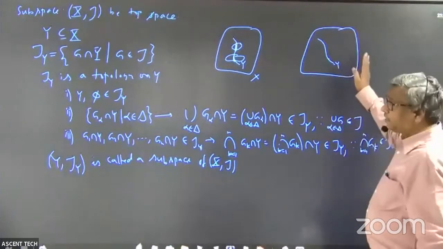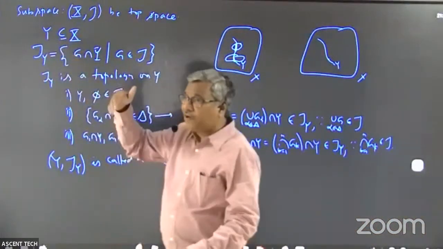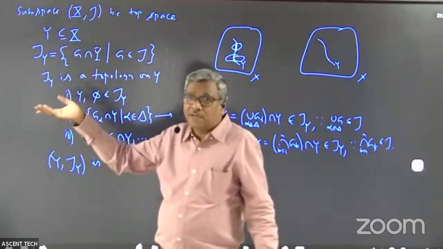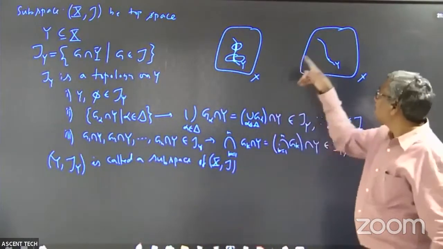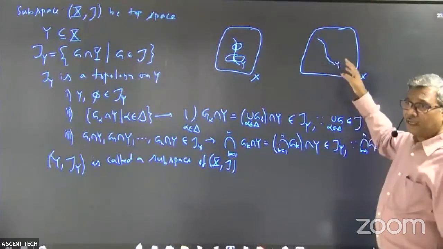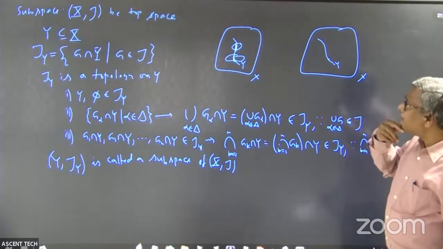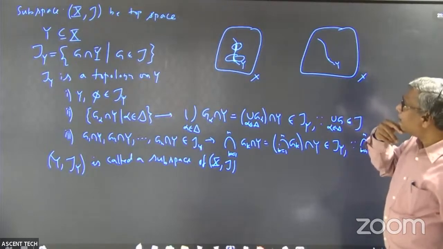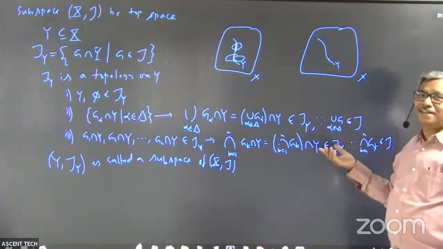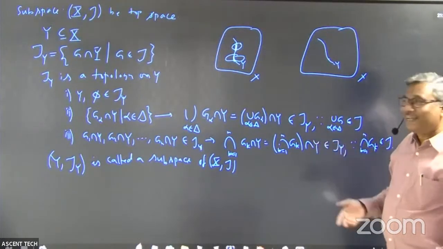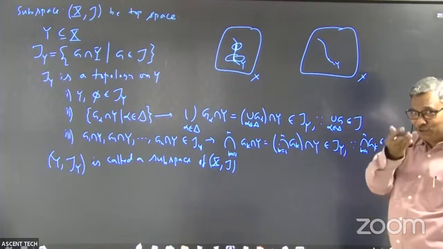Y should be a subset of X. If Y is outside X, it doesn't understand X. But this Y should also be elements in the topology of X? Not necessarily. It can be just any subset. If it is also a member of the topology on X, you see what happens.